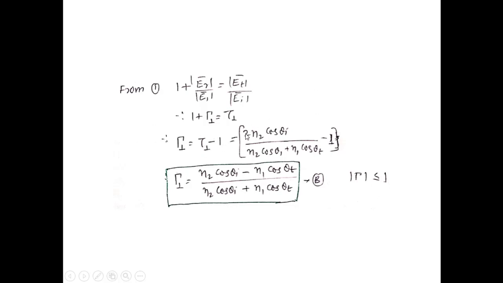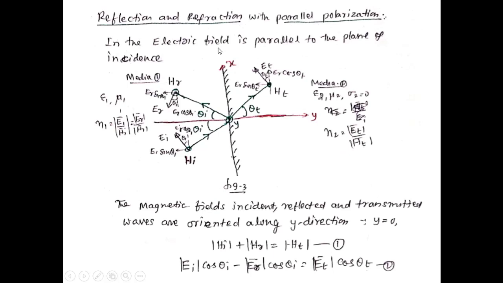You can substitute the value of the transmission coefficient and simplify to get the reflection coefficient for perpendicular polarization equal to (η2 cos θ_i minus η1 cos θ_t) whole divided by (η2 cos θ_i plus η1 cos θ_t).